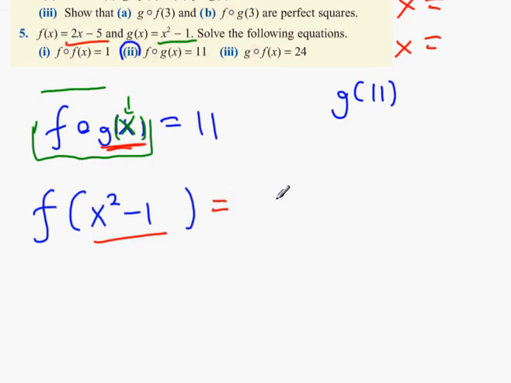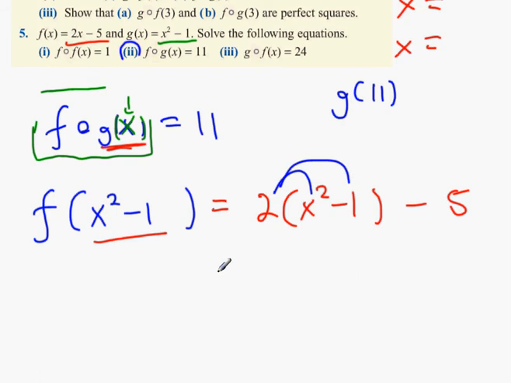And what does the x represent? It represents whatever is in the brackets beside the f. So what's in the brackets beside the f? x squared minus 1. There you go. Alright, multiply that out.